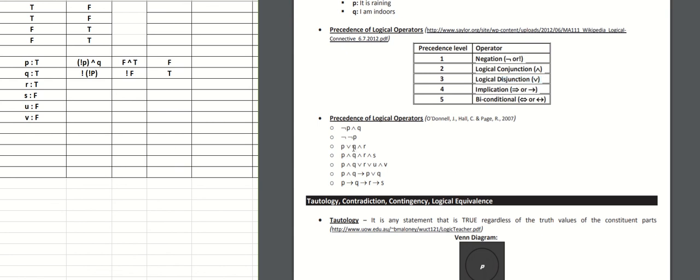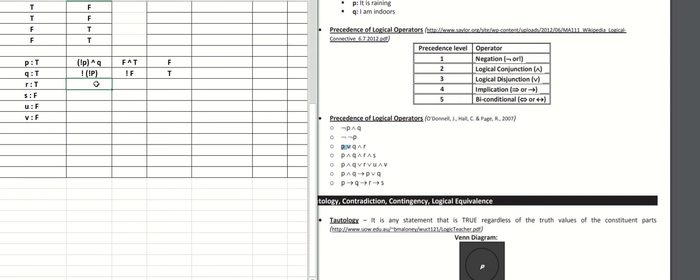Therefore, we first parenthesize the AND operator, which is Q and R. We parenthesize this to emphasize that we have to get the truth value of Q and R first before the P or Q and R. This is how it will look: P or, open parenthesis, Q and R.